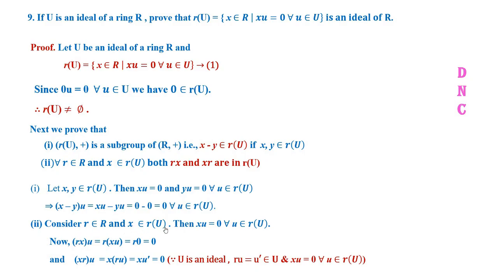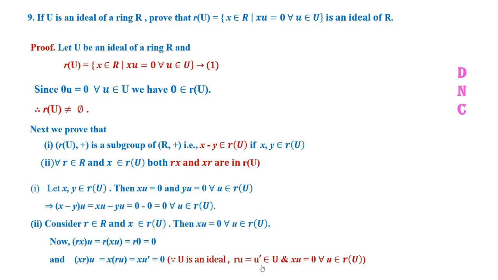Now, because x belongs to R of U, xu is 0 for every u in U. So if you consider rxu, by associativity, you have this step, but xu being 0, you have r into 0, that is 0. Now coming to this xru, you have x into ru, by associativity, and this ru, because U is an ideal, we shall take as some u prime to be in U.